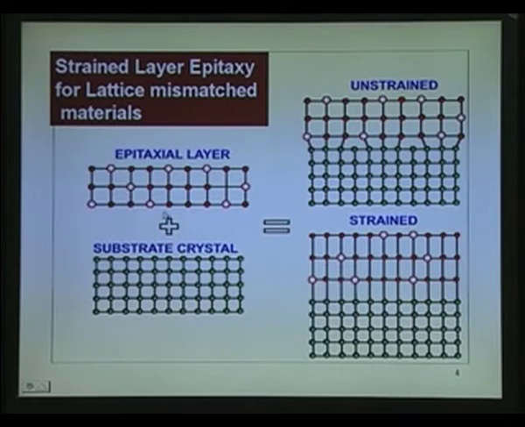One way is this structure. See, the bottom layer has the lattice structure of gallium arsenide or the material 1. The top layer, on the top surface, has the lattice structure of this epitaxial layer. But in between you can see finally it has to join hands to complete a structure.